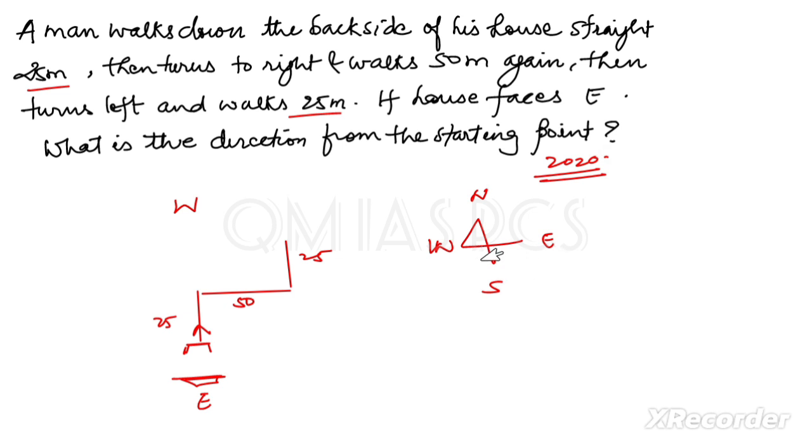The left side is south, so this should be south and this should be north. I mean, you can represent relative direction, or you can just rotate your notebook, which will be easier for you. I have just written the respective directions: east, west, right side south and this north.